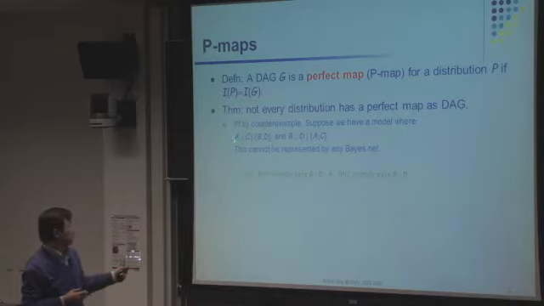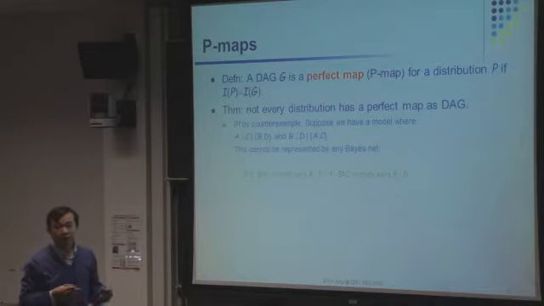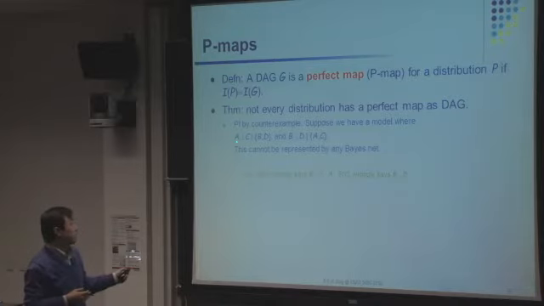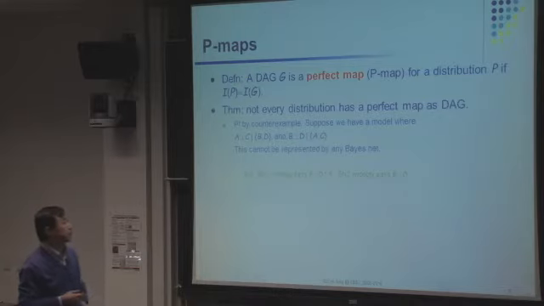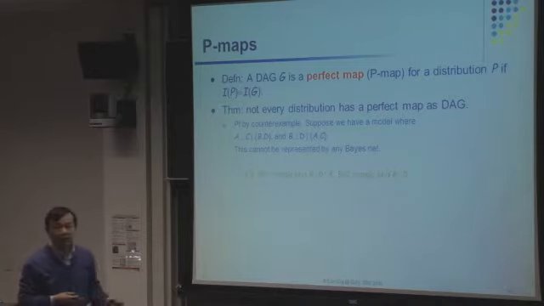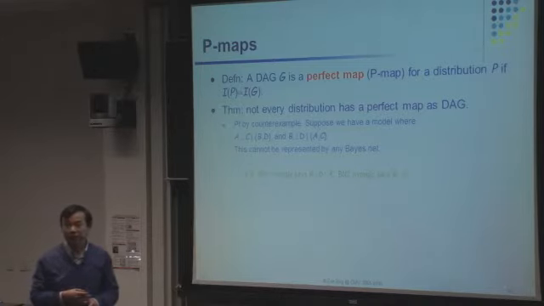For example, I have these two probabilistic independence statements. We have 4 random variables, A, B, C, D, and I want to build a distribution in which A is independent of C given B and D, and B is independent of D given A and C. Now let's ask, is there a Bayesian network that can actually capture this?